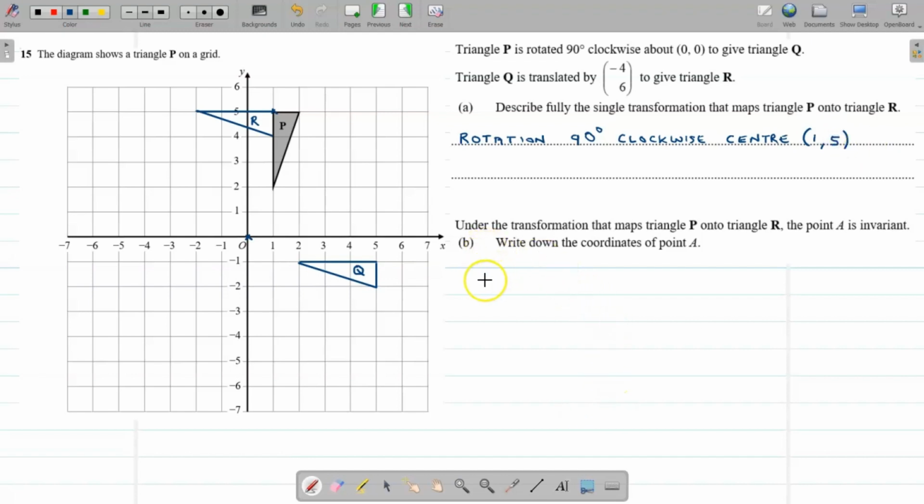And this next one is very simple, because when you rotate all of the space about the point 1, 5, the invariant point is the center of rotation, because that goes nowhere. Everything else does, but that point stays exactly where it is. And that's the answer.